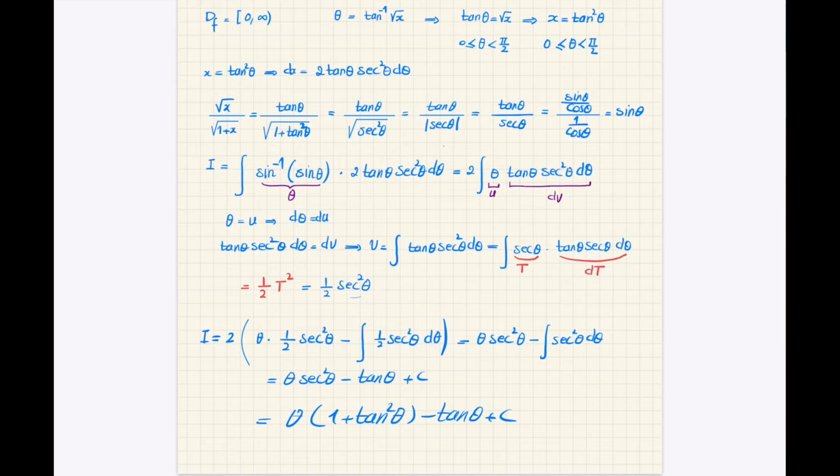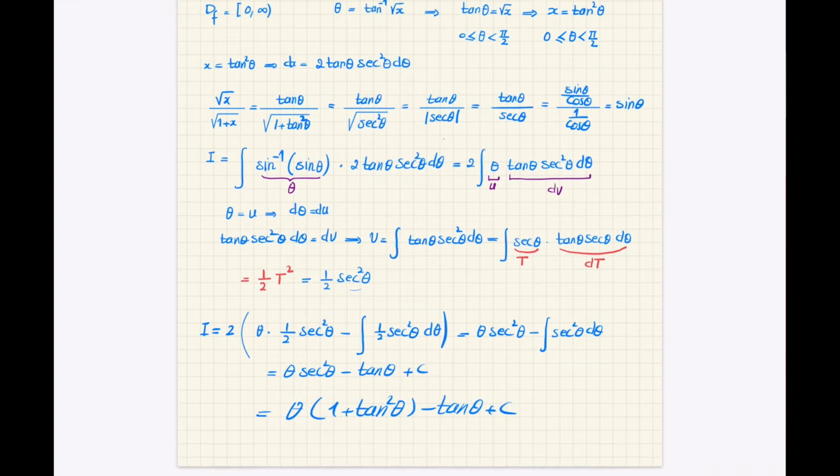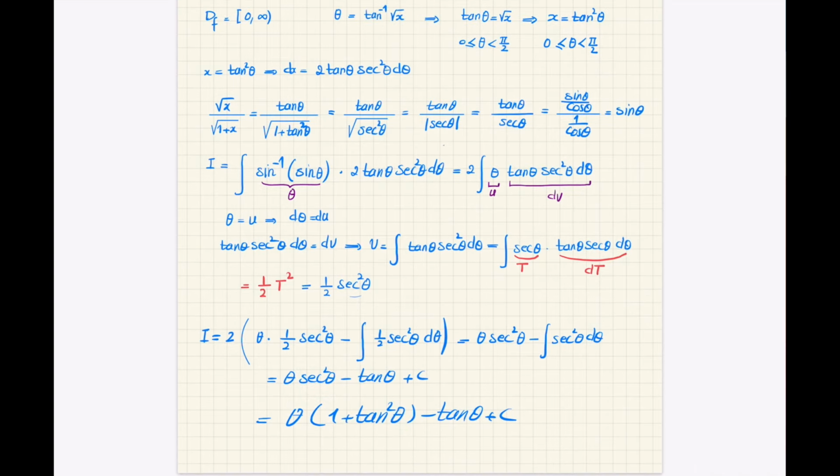So instead of secant squared, I can write 1 plus tangent squared of theta. So now what happens? Instead of theta, I can put this tangent inverse, and then instead of tangent squared theta, I can put x.